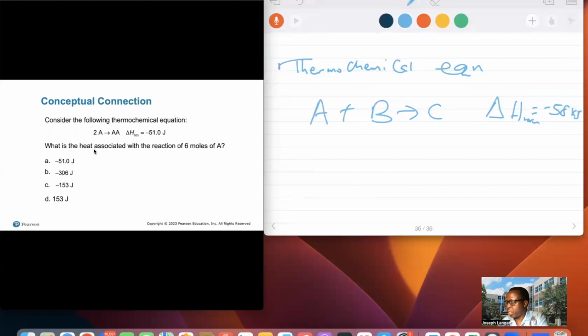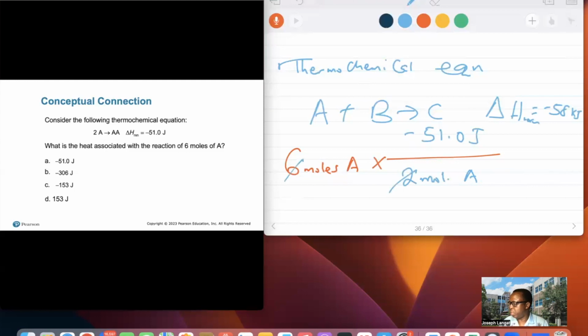You just have to use dimensional analysis: for 6 moles of A, using the thermochemical equation here, 2 moles of A release 51.0 kilojoules, 3 significant figures. The moles of A will cancel. 3, so this is 153 kilojoules. It's going to be released.